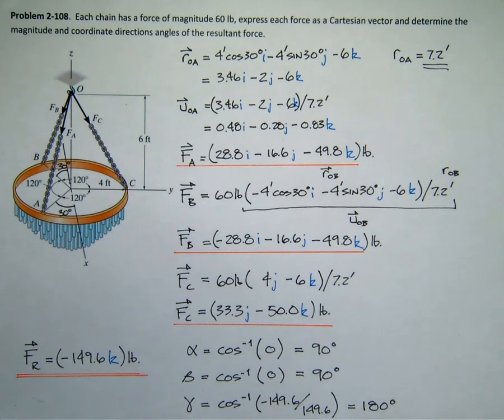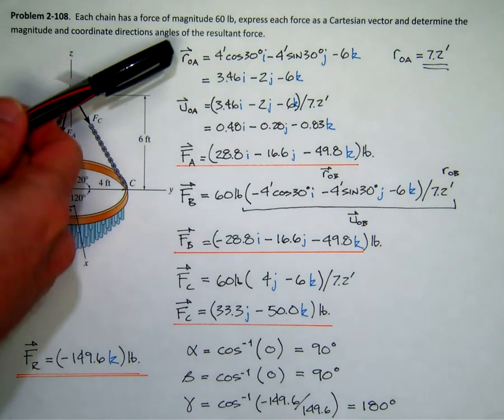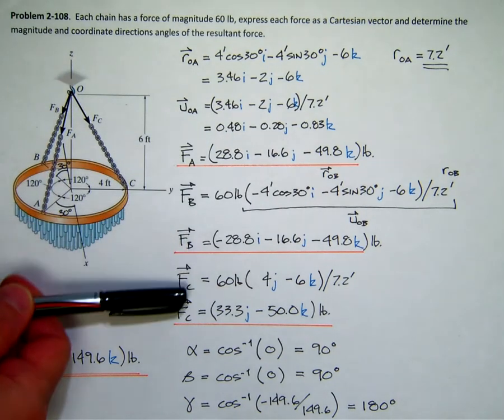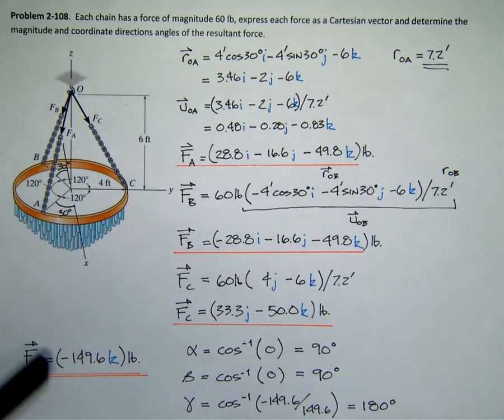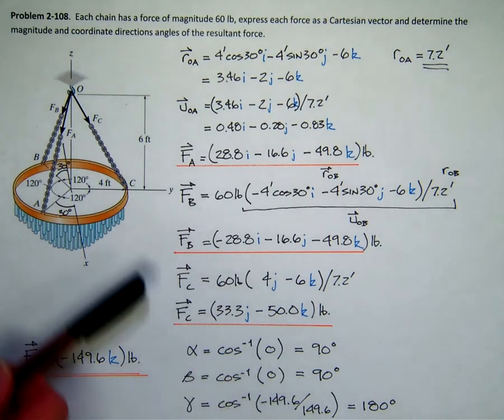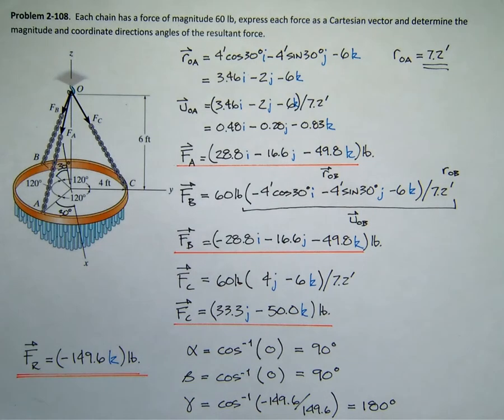Any questions about that? Actually, that was kind of a deceiving problem because, first of all, you had to do a tremendous amount of work to get to where you wanted to be, but it all worked out at the end because it ran out pretty quick. But again, you can see there's multiple places to make errors, so take your time and work through these as slowly as you can.